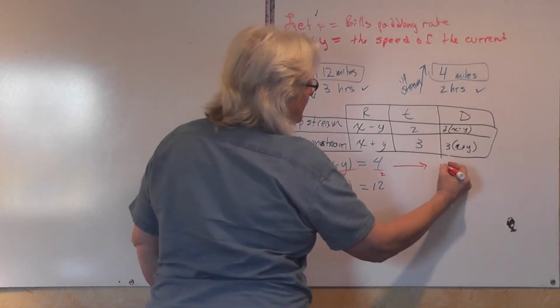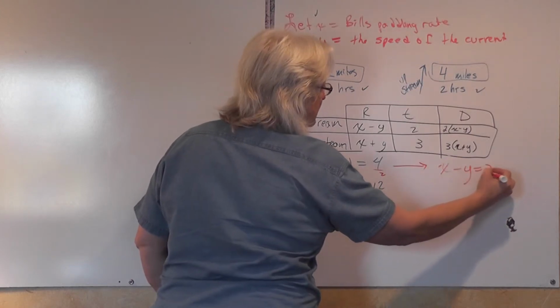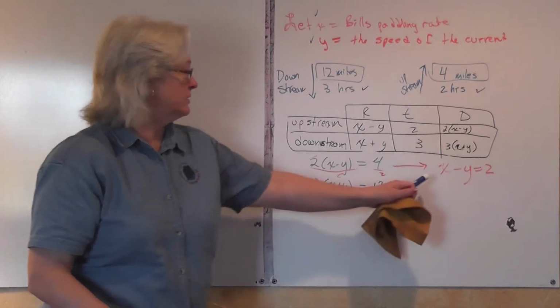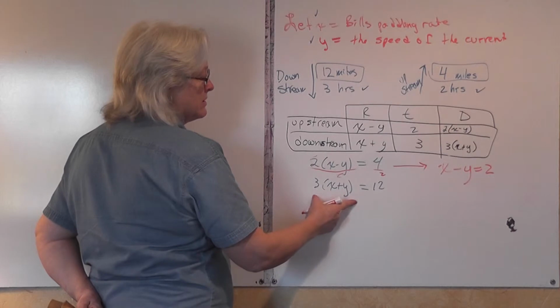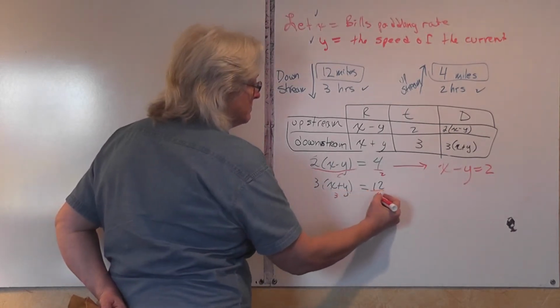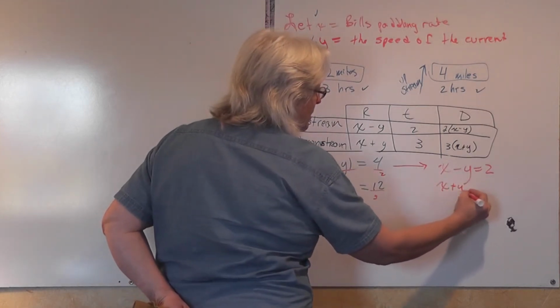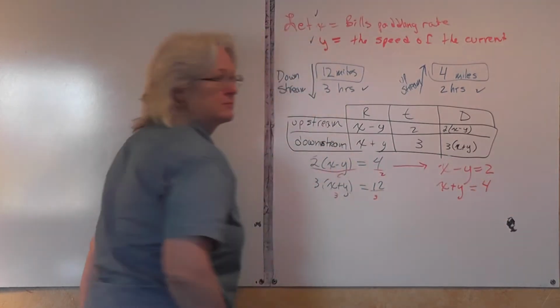We end up with x minus y. Divide the right hand side of the equation by 2. We now have x minus y is equal to 2. What's going to happen over here? 3 times the quantity x plus y, we're going to want to divide that by 3. And we have x plus y is equal to 4.